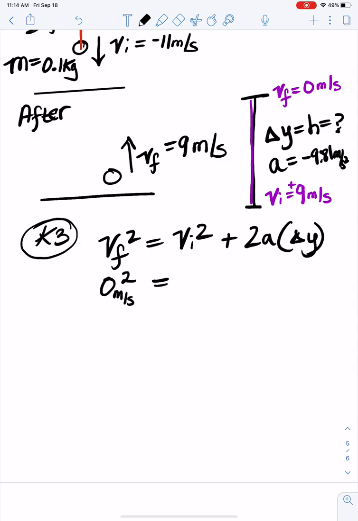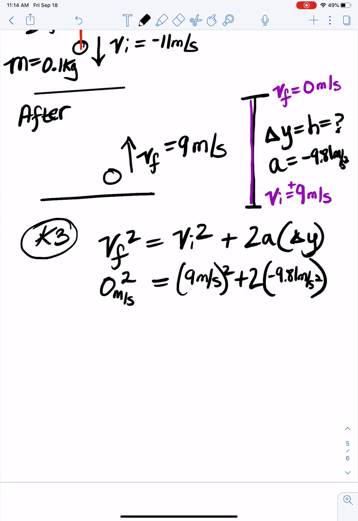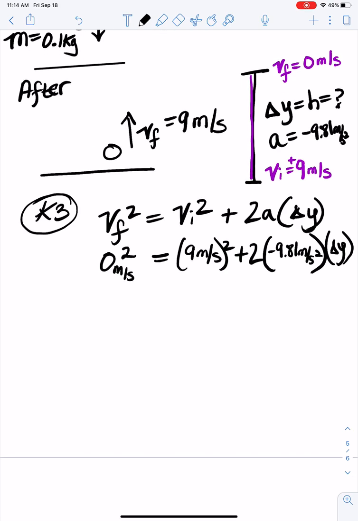Obviously, that's just 0. We could pretend this is the AP test and just go -10 there. I think that's fine. Let's make that change. So we have minus 20 meters per second squared times delta y, equals 81.